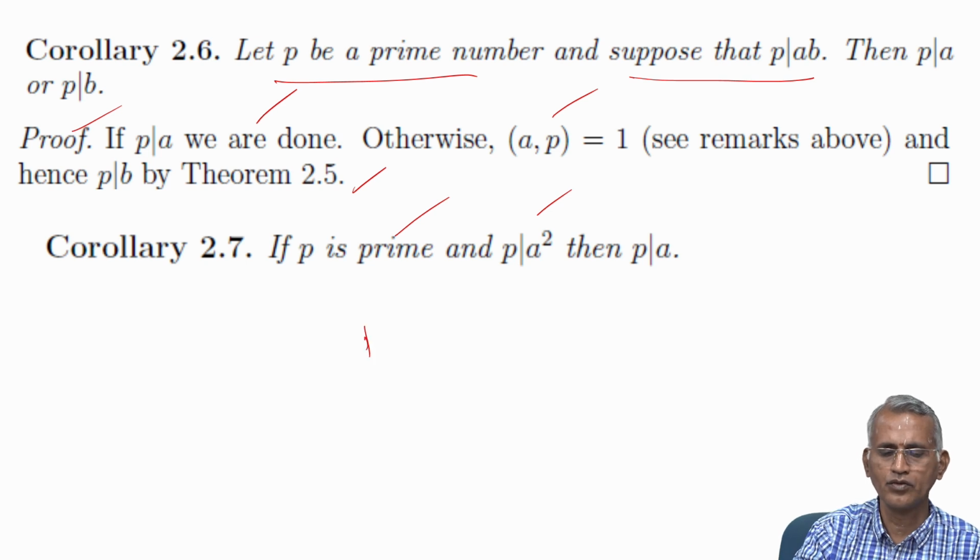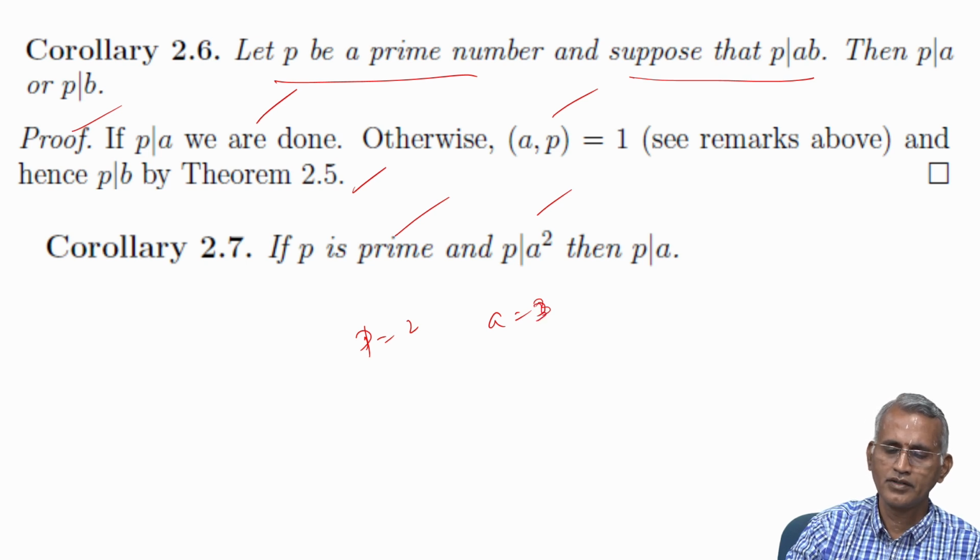Let us test with p equal to 2, which is a prime, and a equal to 3. Then a square means 9.